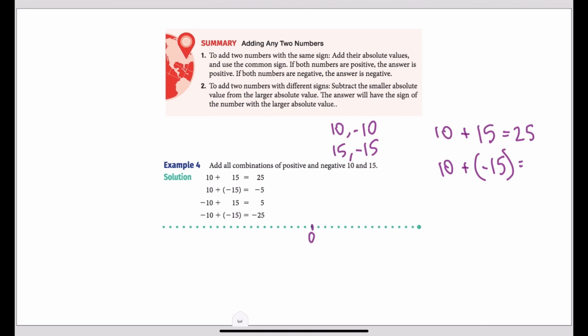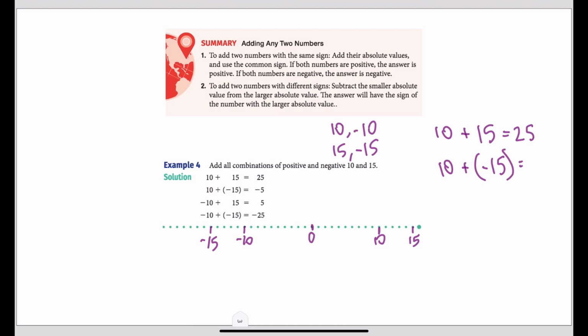Then 1, 2, 3, 4, 5, 6, 7, 8, 9, 10. So there's 10. Then 1, 2, 3, 4, 5, so that means this is 15. Then 1, 2, 3, 4, 5, 6, 7, 8, 9, 10. There's negative 10. 1, 2, 3, 4, 5, and there's negative 15. So I can get a sense of where these values are.